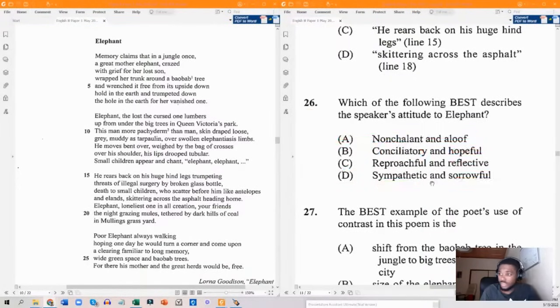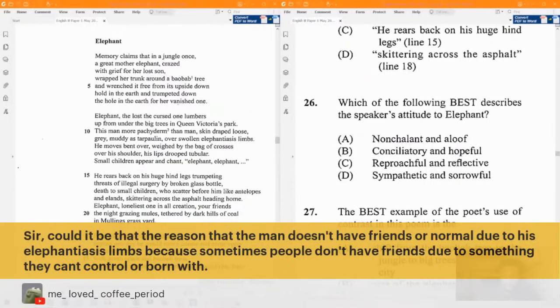26D. I think someone mentioned something before. Let's see. What is it? So could it be that the reason the man doesn't have friends or normal relationships due to his elephantitis is because people don't have friends due to something?